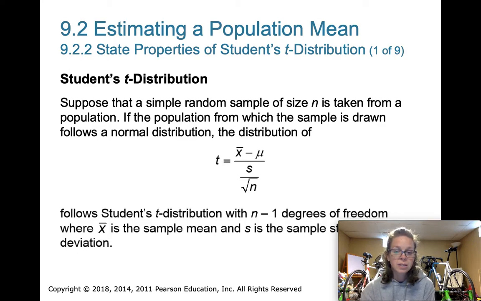When I took statistics in college, I could press the right buttons on the calculator and get the right answer, but I really had no clue what the difference was between a t and a z and why I was using one instead of the other.